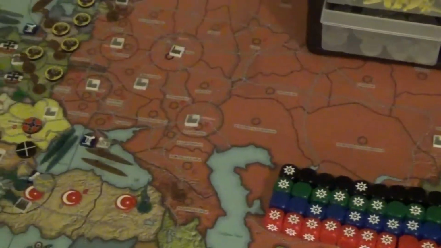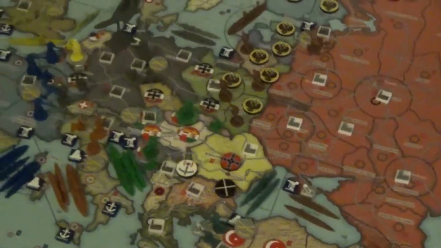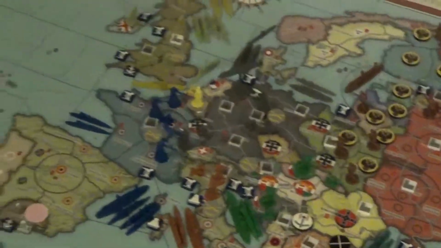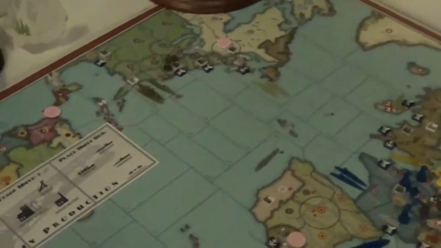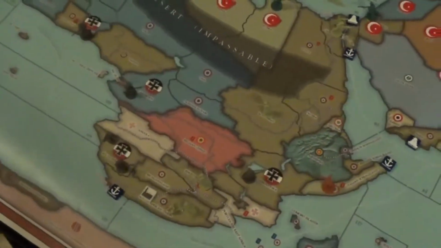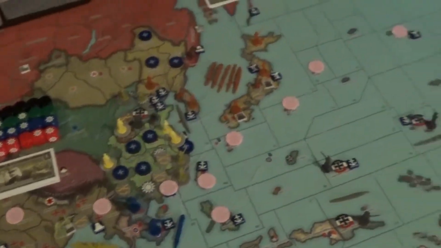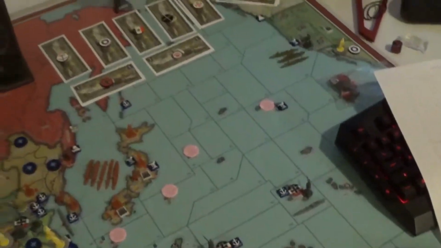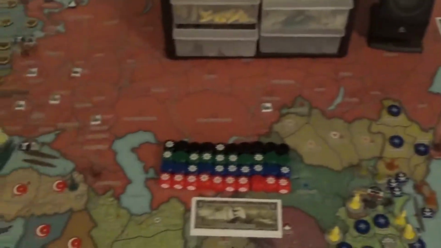I won't go into everything because this scenario, as you can see, is quite a bit larger than the other scenarios so far. So I won't go into every little nuance and rule.